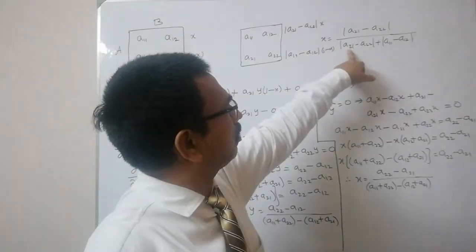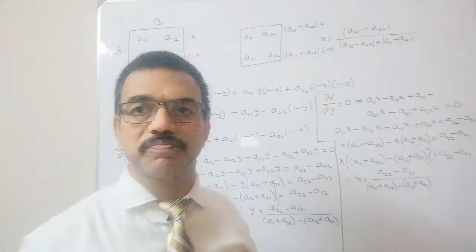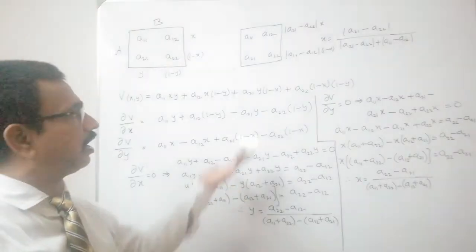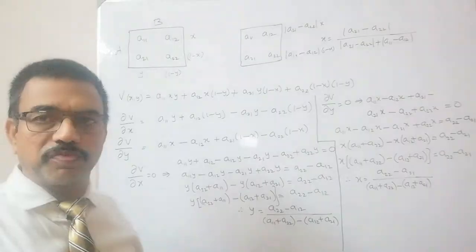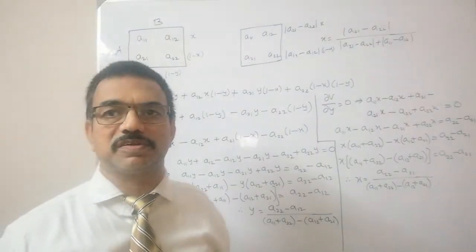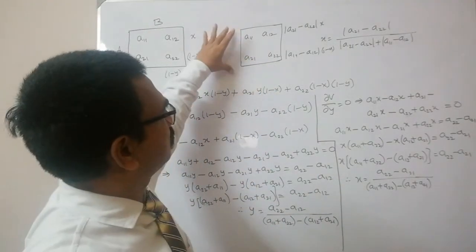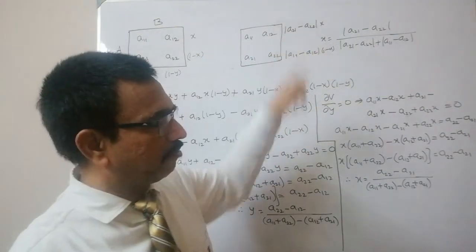When we take the modulus, it's the same. Similarly for y also. So once we get x and y, we can easily get the values of 1 minus x and 1 minus y. So that is how this expression has been given.